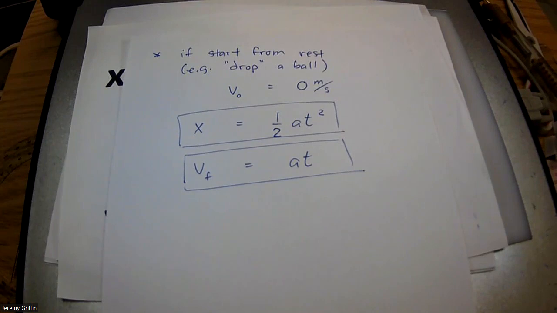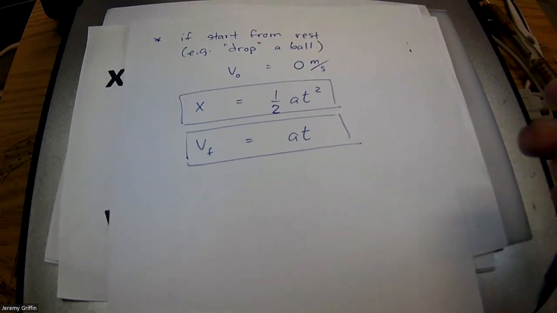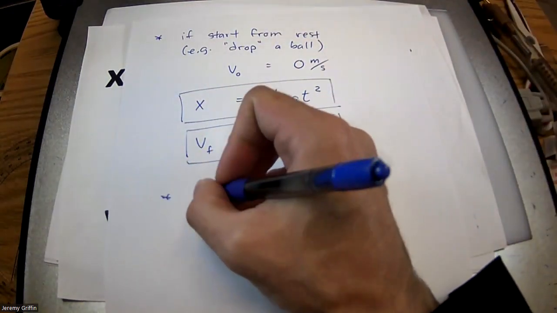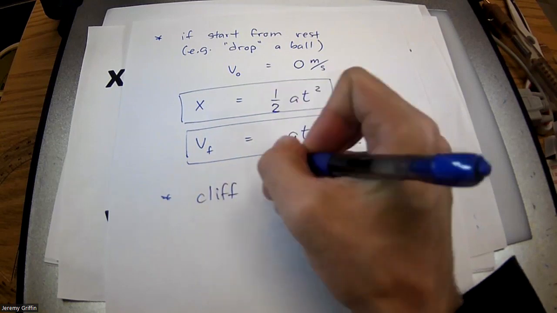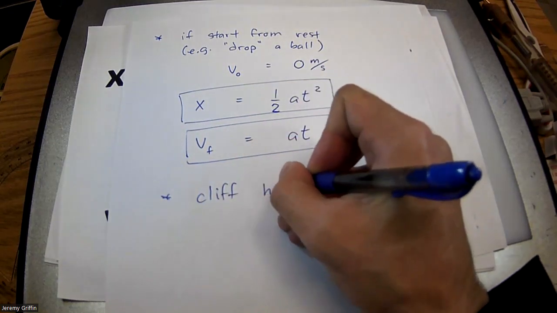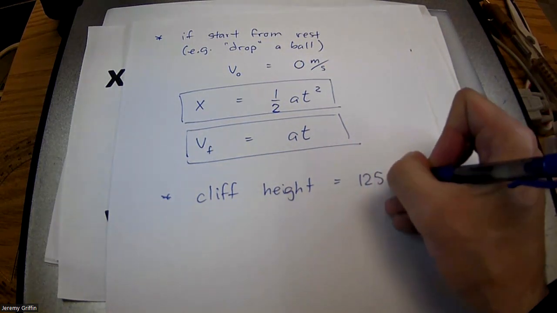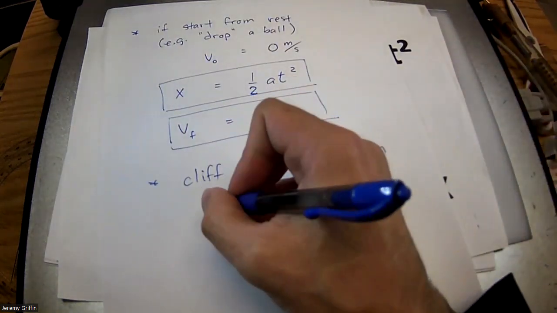All right. So, how about this? Suppose that there's a cliff, height 125 meters. I have two questions.